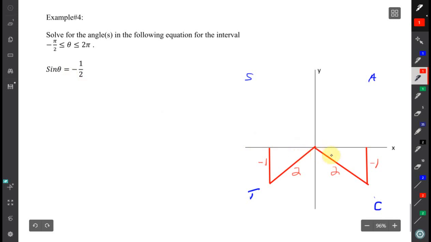Eventually we want beta so that we can get everything. We don't know again what we're going to get when we do the inverse sine of minus 1/2. So again, I won't write theta or beta at this point in time. I'm just going to do the inverse sine of minus 1/2.